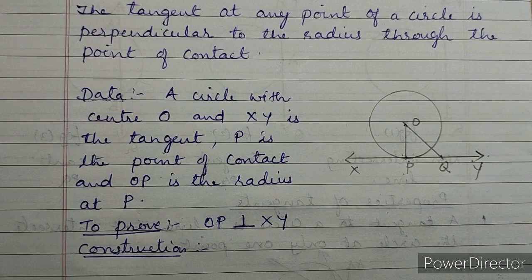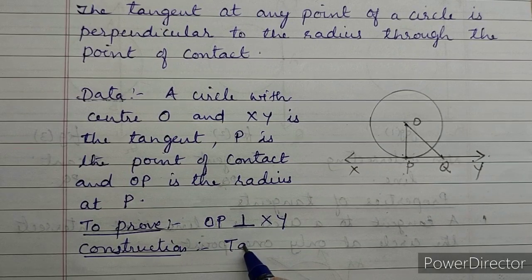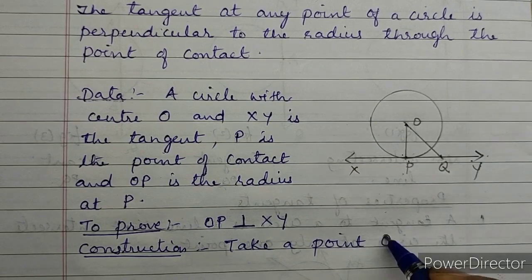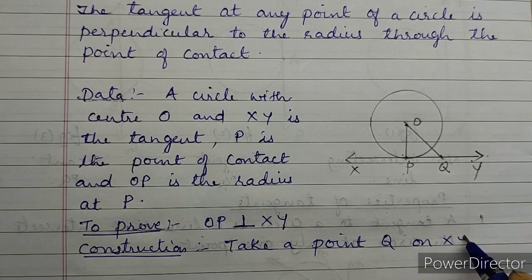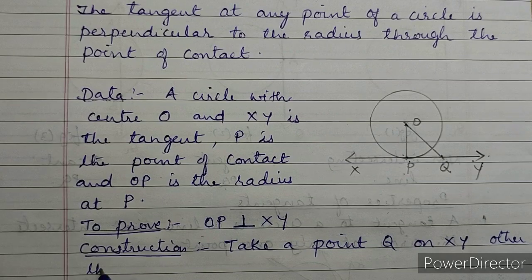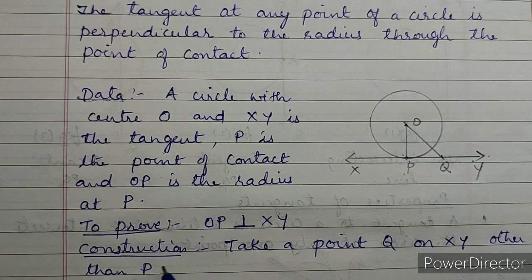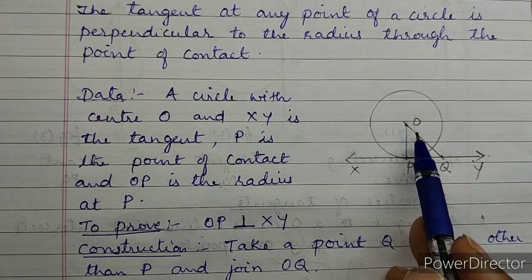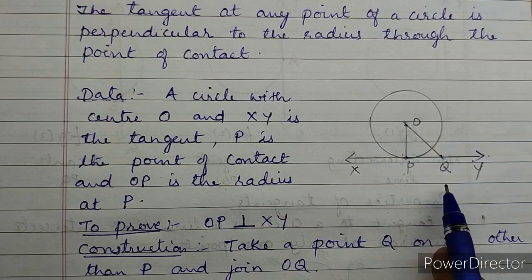So this is the construction given. So you have to write the construction. Take a point Q on XY other than P and join OQ. So now you got one more line OQ.